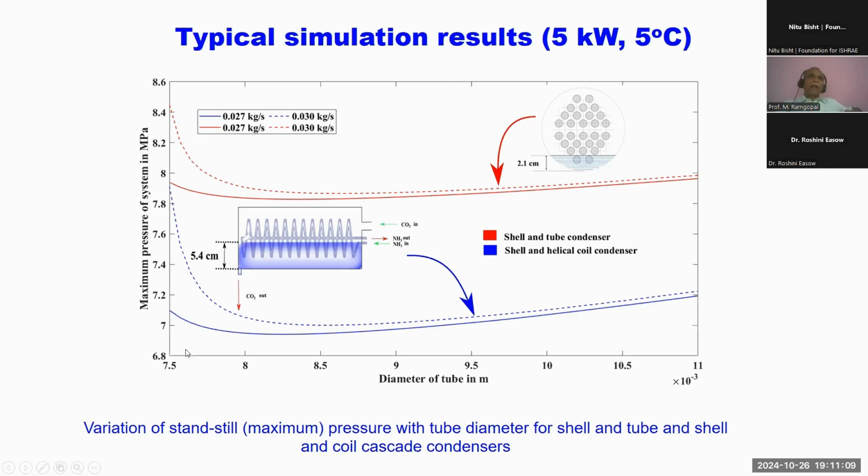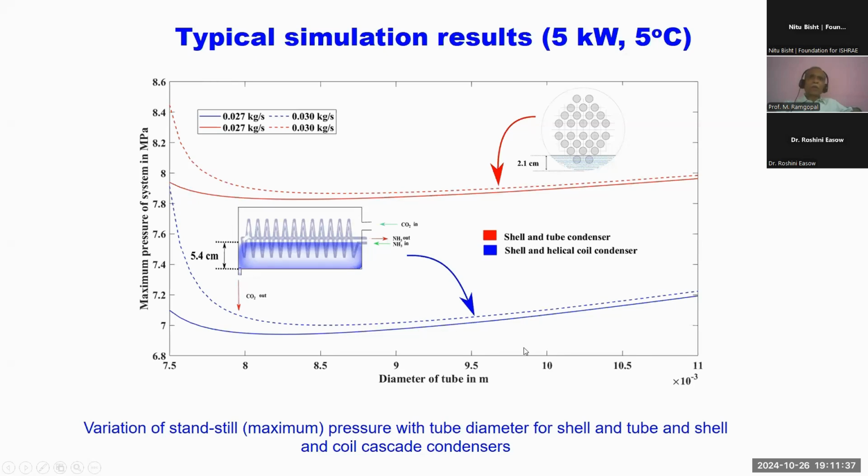Okay, and we did not know which system is better for us, whether to go for shell and tube or shell and coil type. So we simulated both shell and coil and shell and tube type condensers. From the simulations, you can see the performance when I am varying the diameter of the carbon dioxide tube. This is the result. The blue lines are the results for shell and coil, and the red ones are for shell and tube.